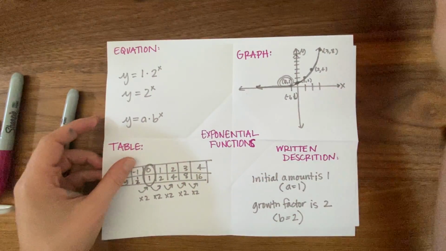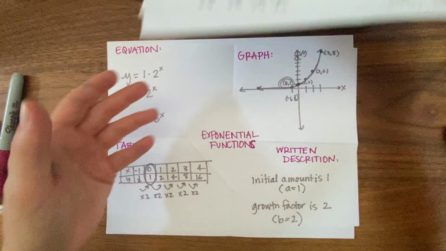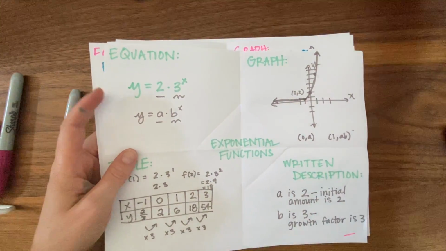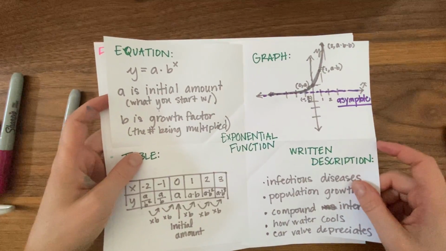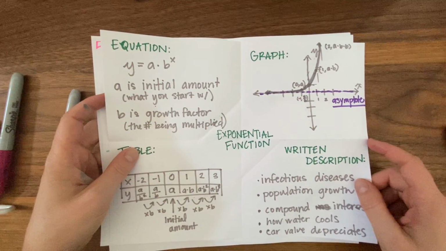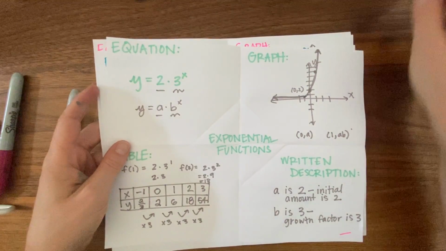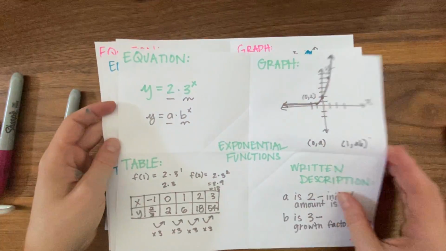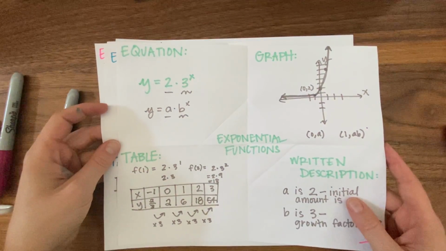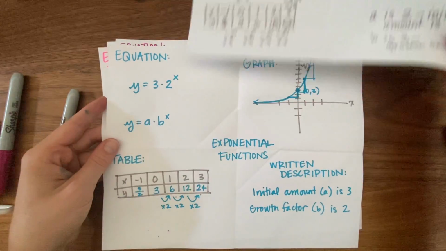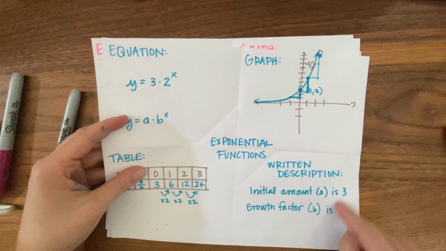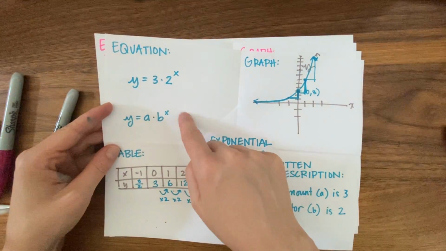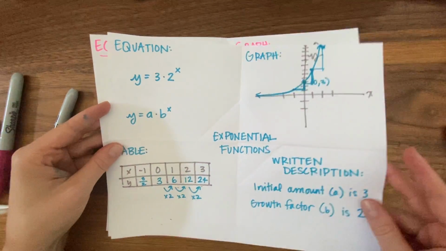Okay, so if we think back, we've gone from the general look at exponential functions. We started with an equation and determined all the other expressions of this function. We started with a written description, and we looked at how that informed what our equation, table and graph were.